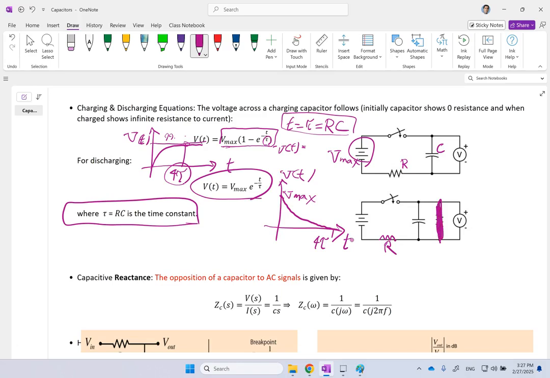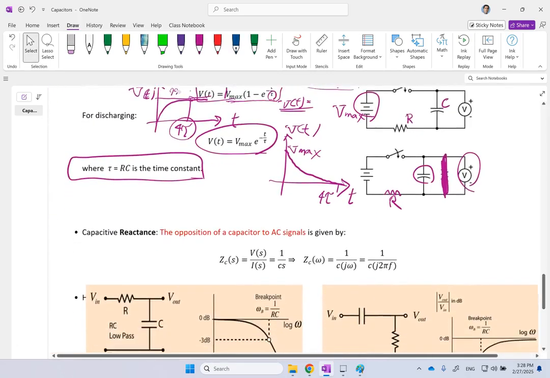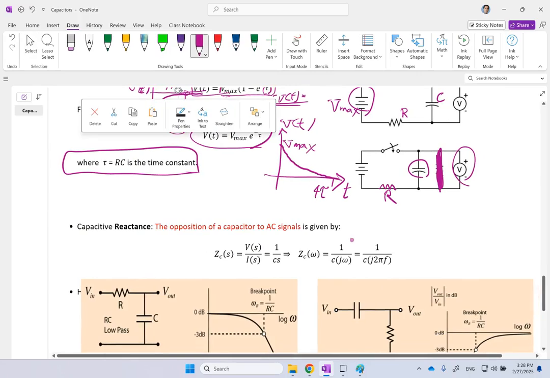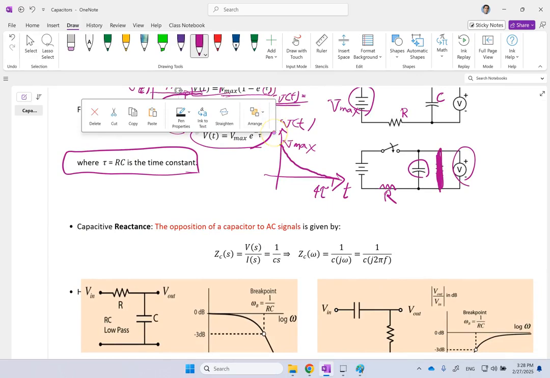So this is a series RC circuit where the voltage is across the capacitor, and this is the voltage that you measure. And these are the equations for charging and discharging, and it's not really hard to show. I'll show you in a second where I talk about this reactance. I'll derive those equations for you.